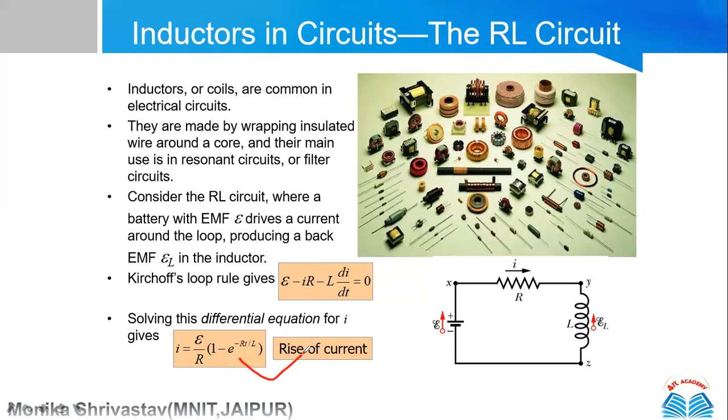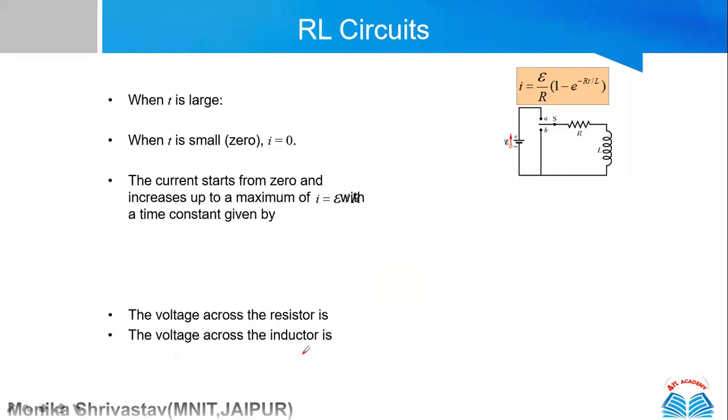So from here we can conclude that there is a rise of current. Now for RL circuits, you know I equals to epsilon upon R times 1 minus exponential minus R t over L. I am putting a key here, and for some time I am closing and opening the circuit.